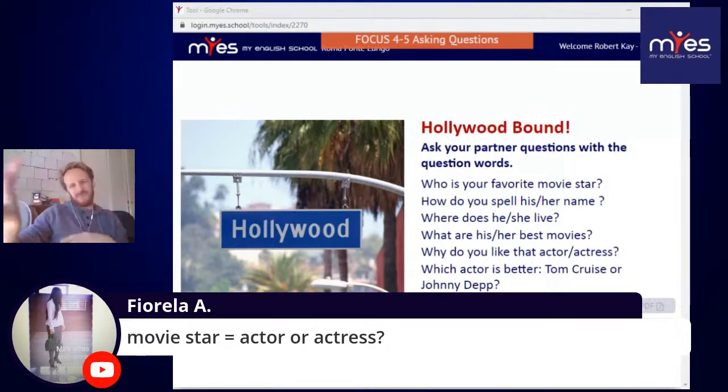Actress is used less now. People use actor for both male and female.